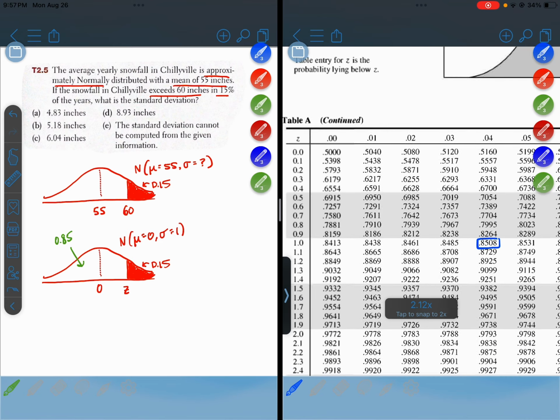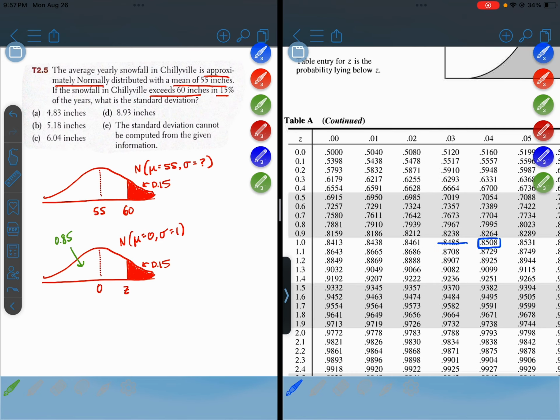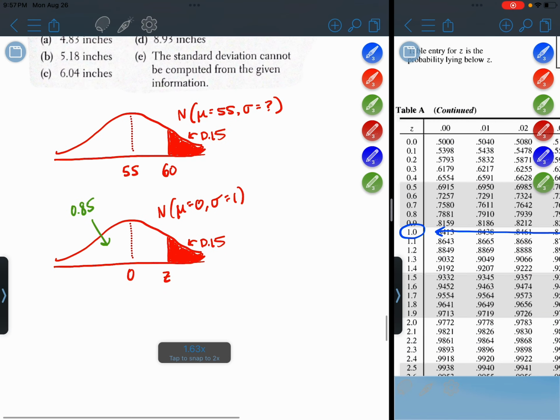Now if we work backwards, we can see that the z-score is approximately 1.04. So we can come back to our image and update it. The z-score is approximately 1.04.